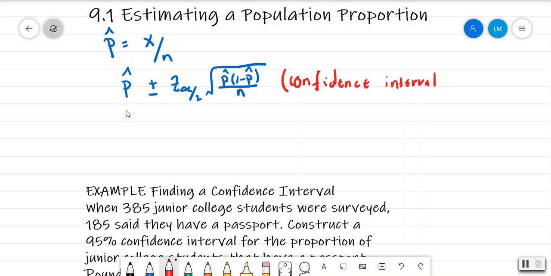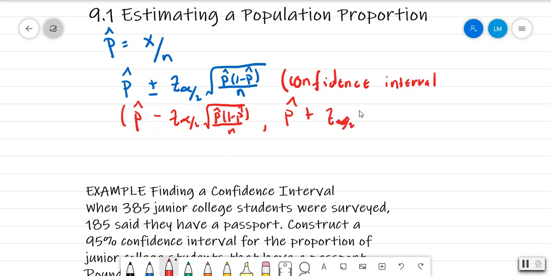So you would just need to find p hat minus z alpha over 2 multiplied by the square root of p hat times 1 minus p hat, all divided by n. So that's the lower part. The upper part would be p hat plus z alpha divided by 2, and then just do the square root of p hat and then 1 minus p hat, all divided by n.